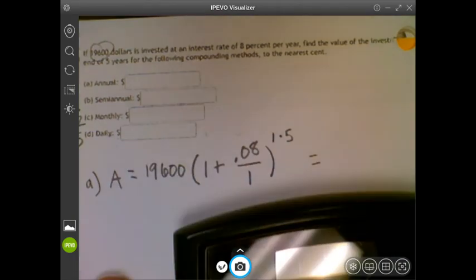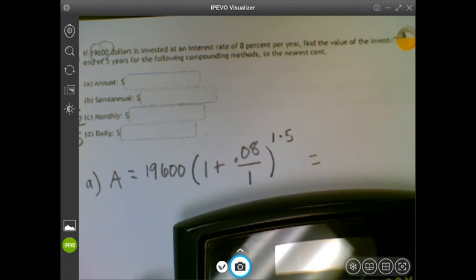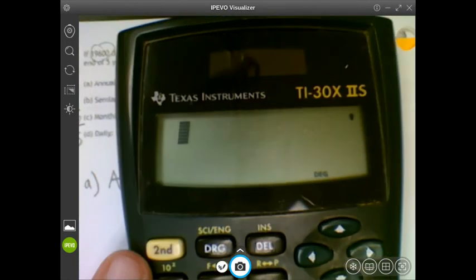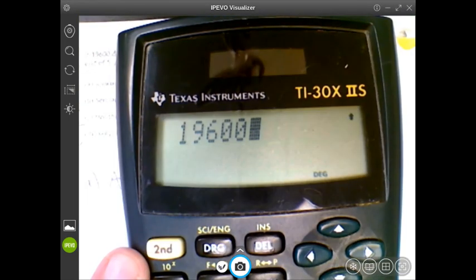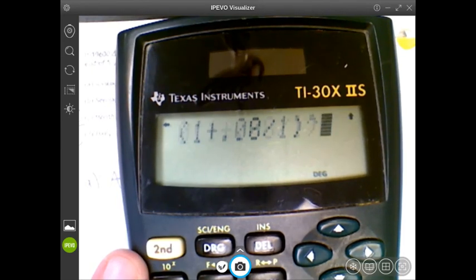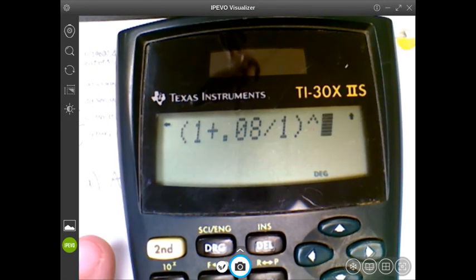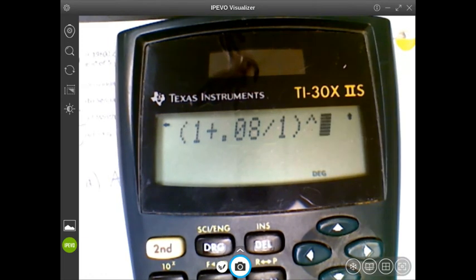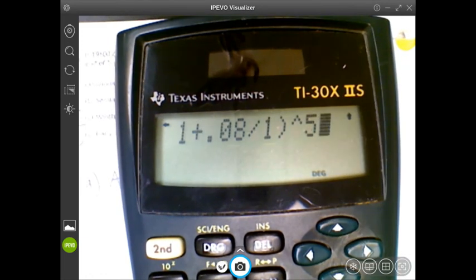The good news is you can type this into your calculator in one shot. You don't have to split it up into a bunch of different things. So 19,600, parenthesis, 1 plus 0.08 divided by 1, close parenthesis, to the power of, and here in the power, you should just multiply them in your head before you put them in there. So 1 times 5 is just 5.